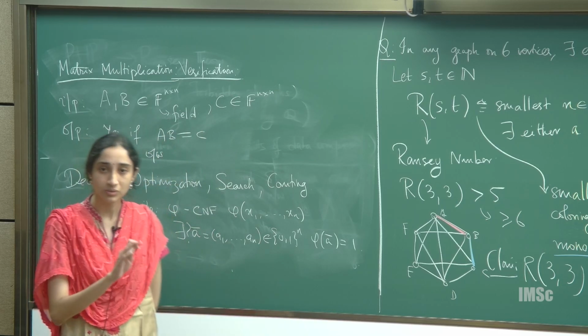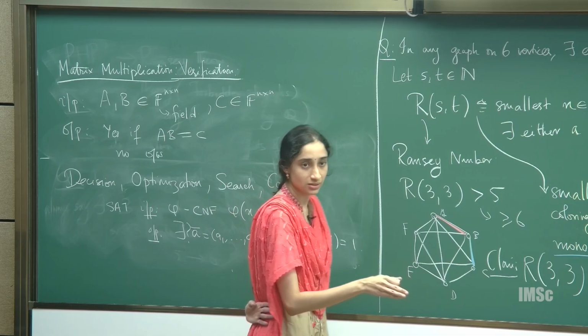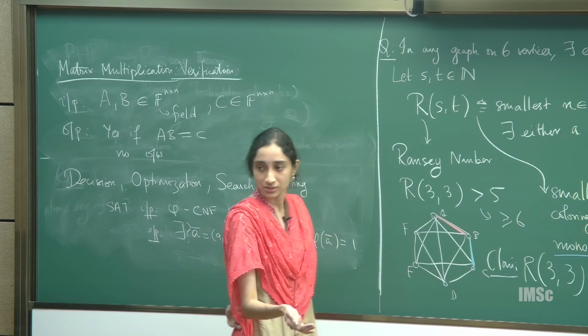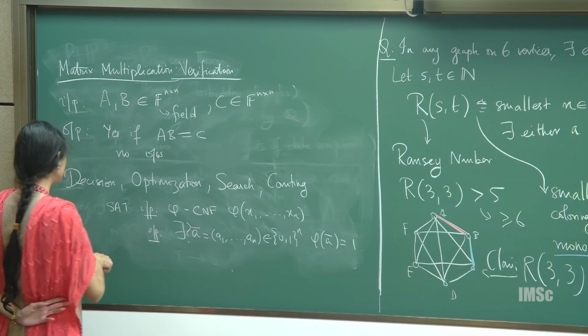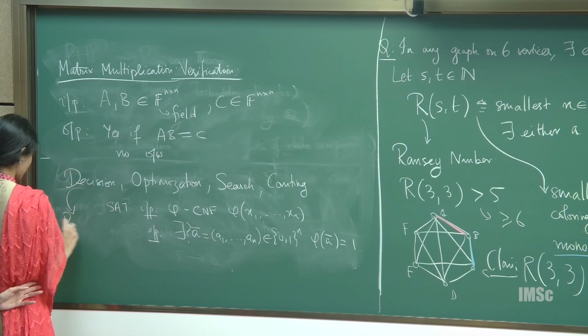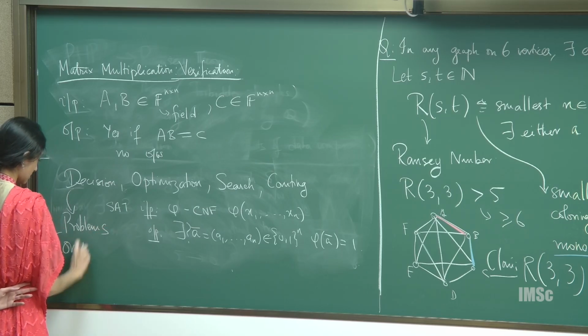So there are counting problems where you have to count the number of solutions. You are given a graph, count the number of matchings, count the number of cycles. There are many applications where you have to count the number of satisfying assignments. These are generally interesting problems, and most computational problems are classified like this.